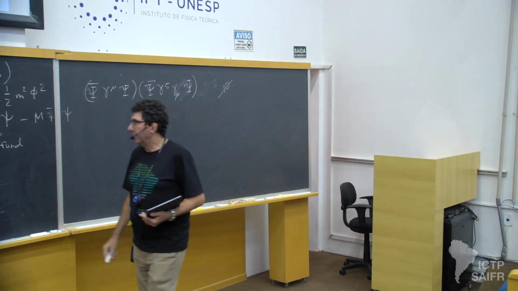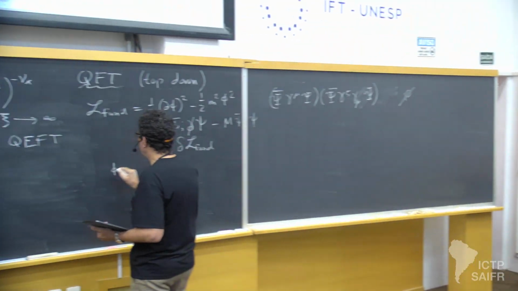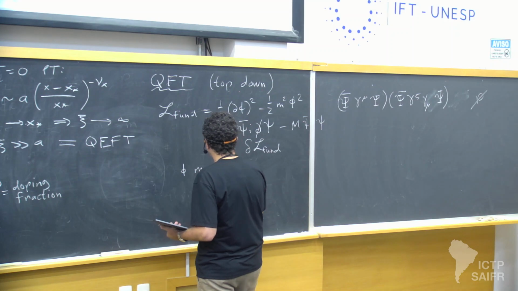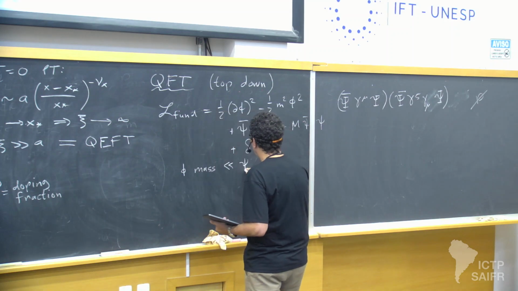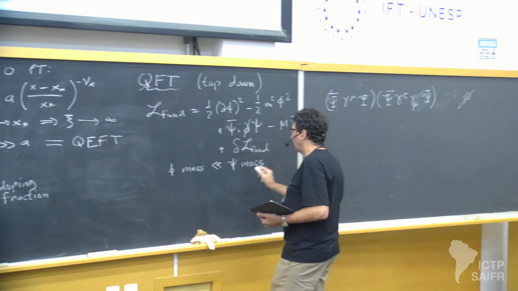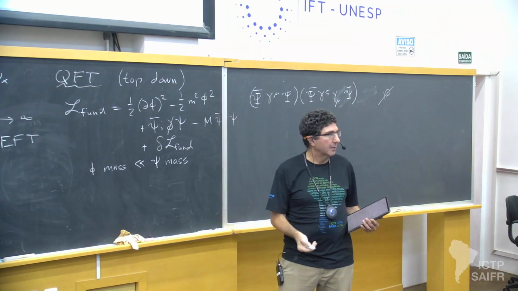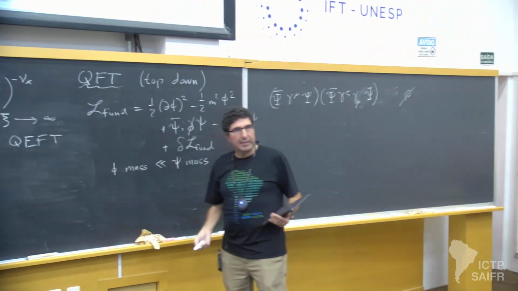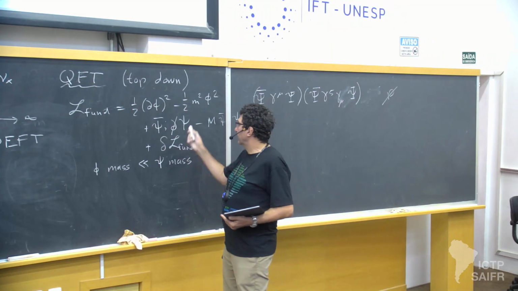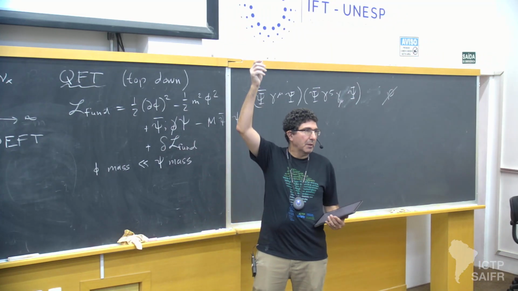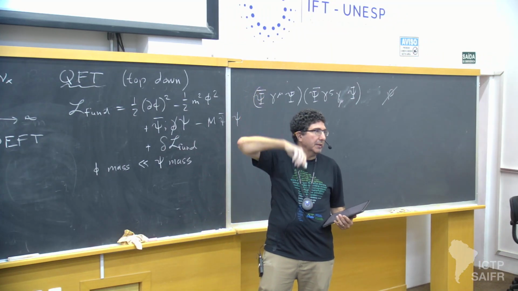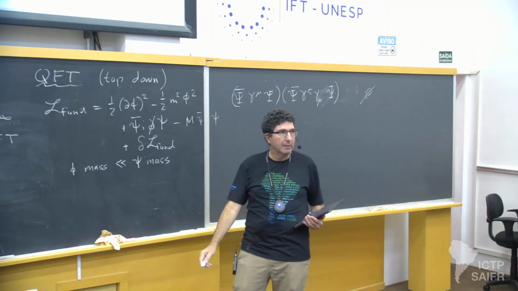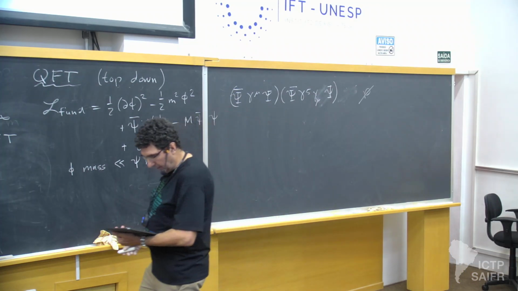My intention is that the phi mass is supposed to be much smaller than the psi mass. I'm trying to have a hierarchy here. So what I have in mind is that phi is something like the standard model Higgs boson, and this m is some fermion that's part of a grand unified multiplet, so it's at some much higher scale. All right, that's my theory.